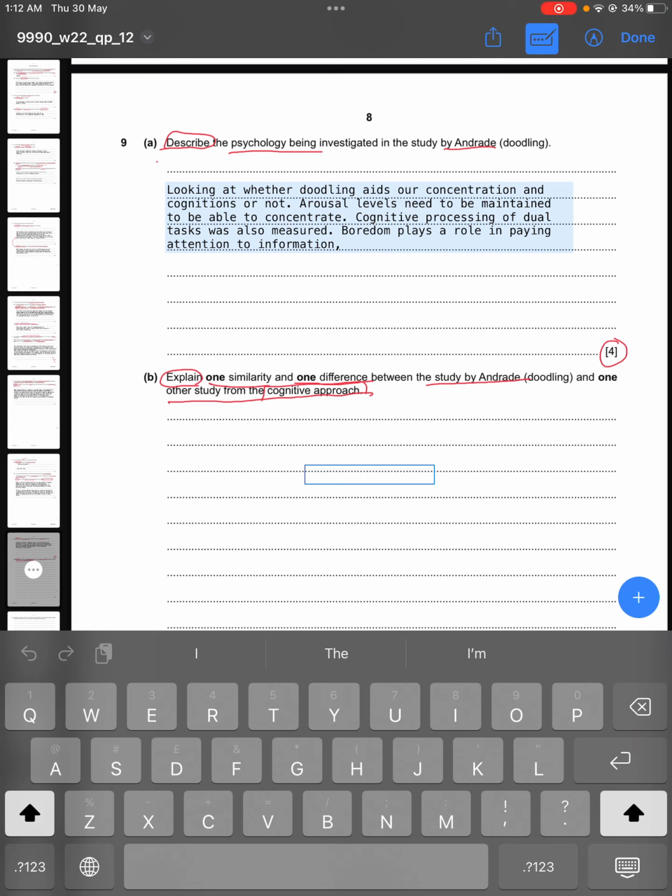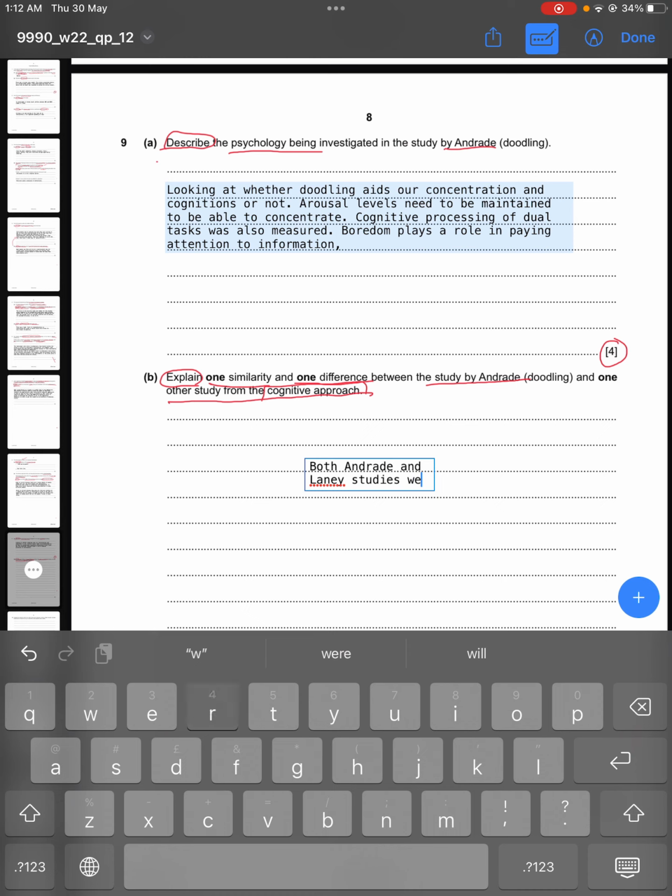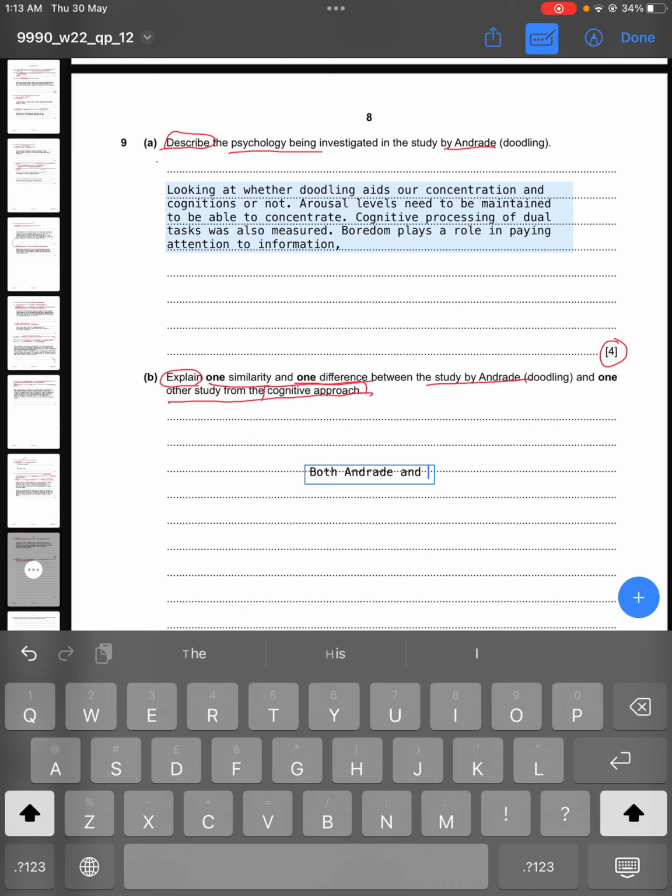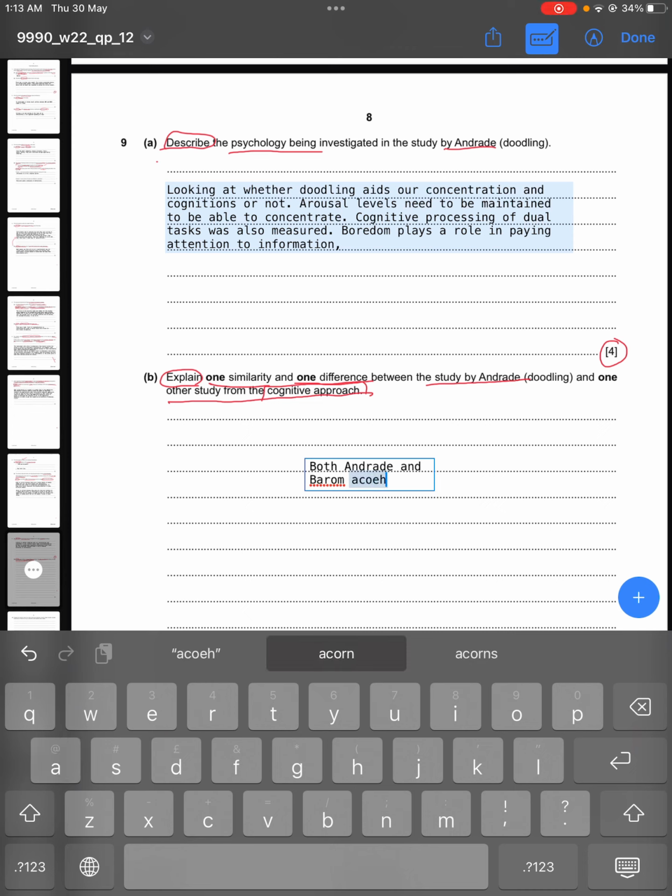So let's say if I'm talking about similarity, we can write that both Andrade and Laney studies were experimental, or we can write about Baron-Cohen because that is the latest in the syllabus. So both Andrade and Baron-Cohen were laboratory experiments.